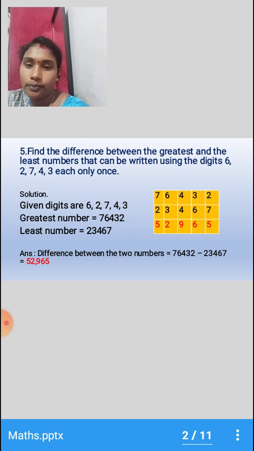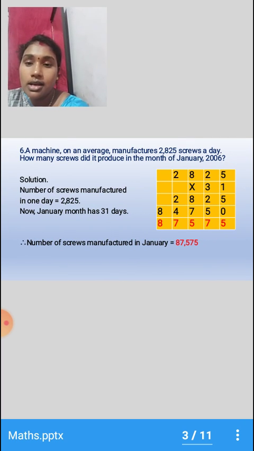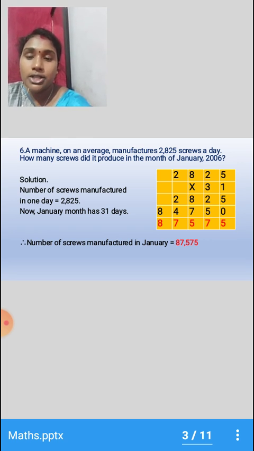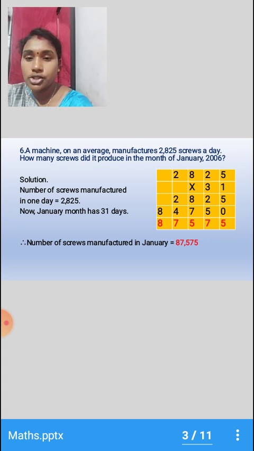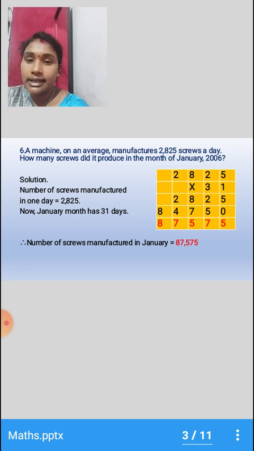Okay children? So the next sum is: a machine on an average manufactures 2,825 screws a day.